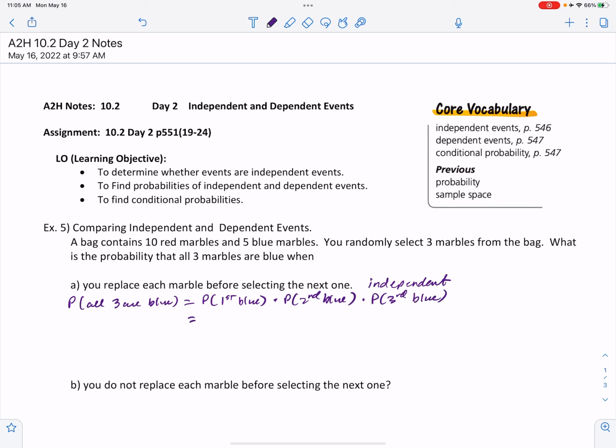There's no conditional probability here because you're replacing, and every time you go to grab, it's just as though you were grabbing it the first time. So you get 5 out of a total of 15, and that's the probability on each one of those. Those reduce to 1/3, and 1/3 cubed is 1 out of 27, and that's about 0.037 or 3.7%.